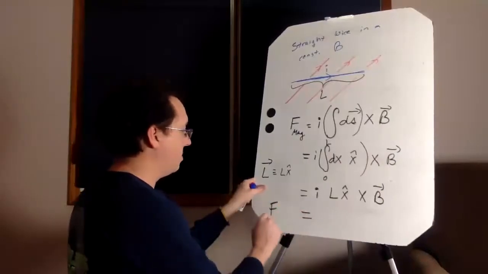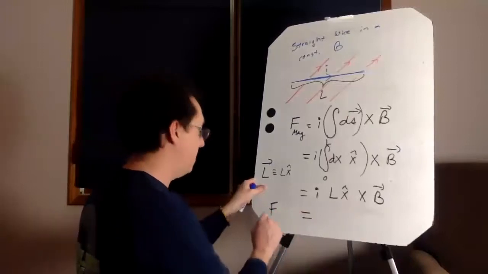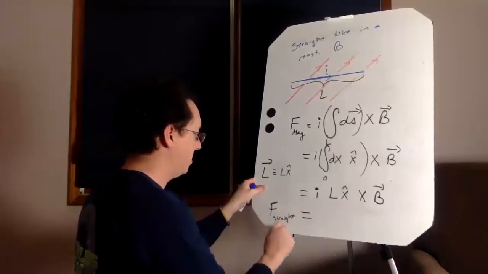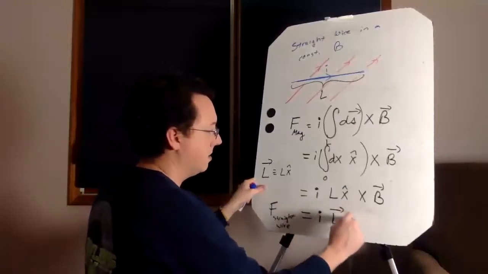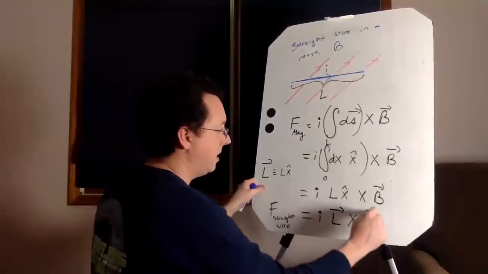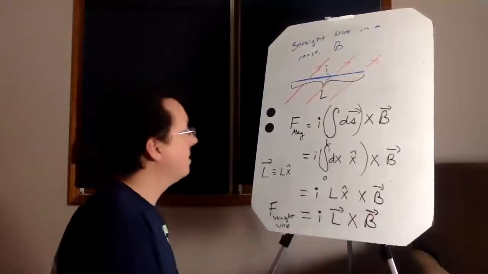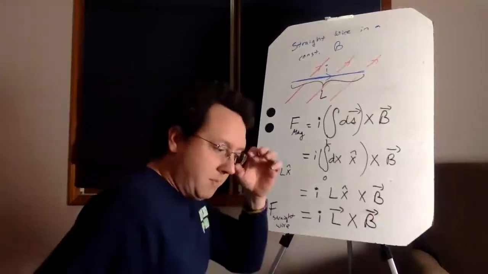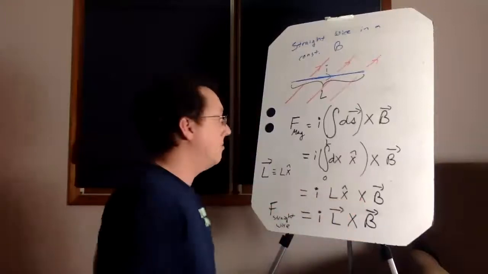The magnetic force on a straight current carrying wire in the presence of a constant magnetic field is I L vector cross B. So that's a nice kind of compact formula. And to be honest, unless the problem says explicitly to derive it, this is simple enough that maybe you can just remember it.